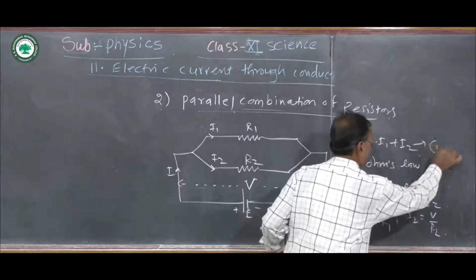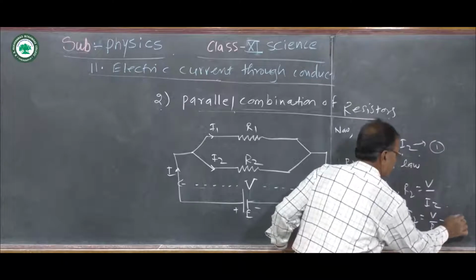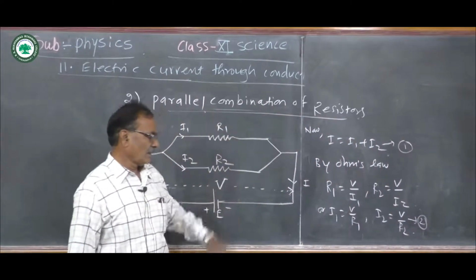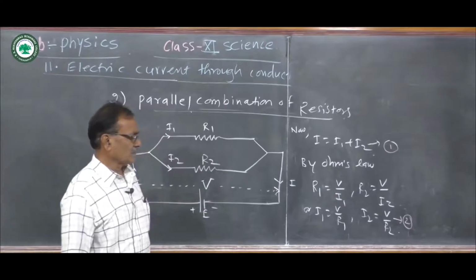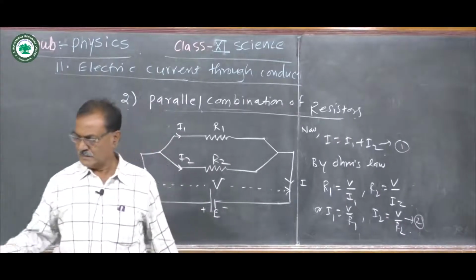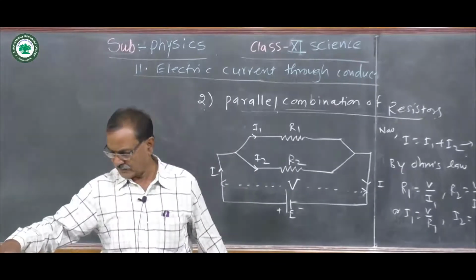Suppose these are equation number 1 and equation number 2. Substitute the values of I1 and I2 and find the equivalent resistance.